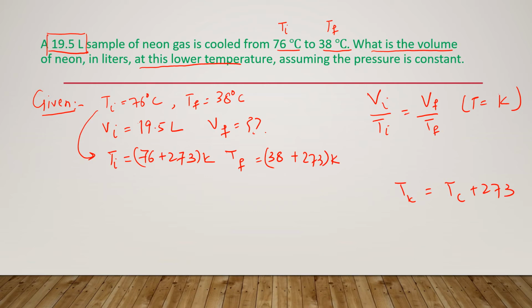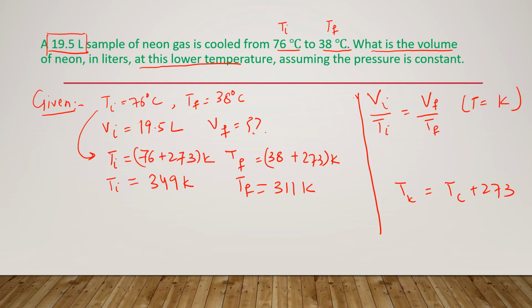If we add them up, T initial comes out to be 349 Kelvin and T final in Kelvin is 311 Kelvin. So let's plug in the values.